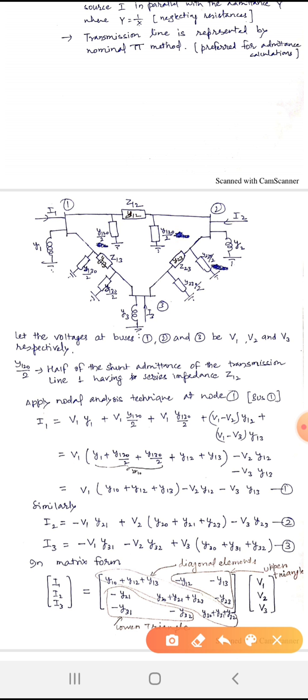Likewise this Y130 by 2, Y130 by 2, these are the half of the shunt admittance of the line between 1 and 3, and similarly Y230 by 2, Y230 by 2, these are the half of the shunt admittances of the line between 2 and 3. So Y120 by 2 is half of the shunt admittance of the transmission line having series impedance Z12.